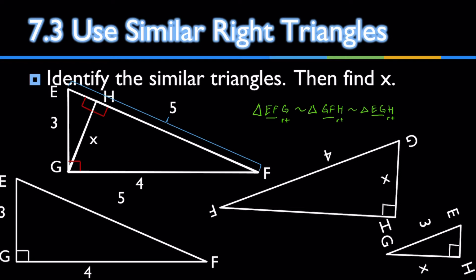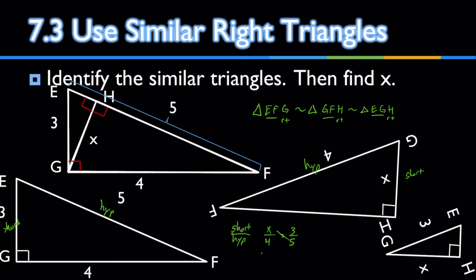So then I can make my proportion. So let's say I use the medium triangle. I know the short leg and the hypotenuse. So I'm going to go short leg over hypotenuse. So the short leg is x, hypotenuse is 4. On the outside triangle, this is the short leg and this is the hypotenuse. So that would be 3 over 5.